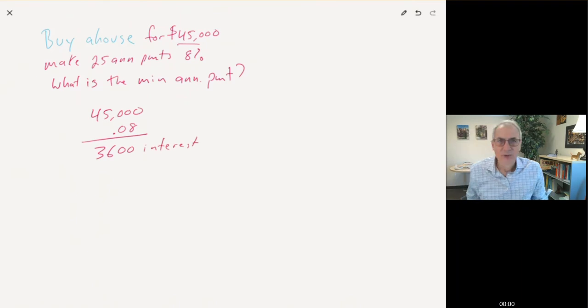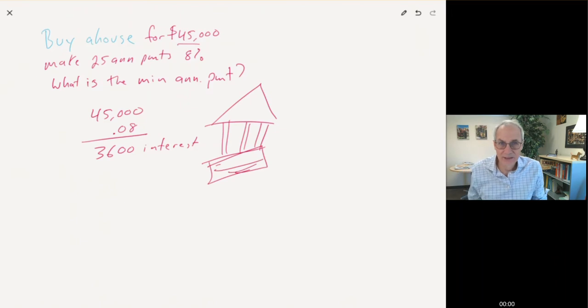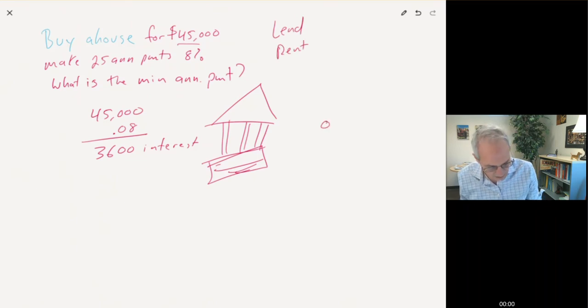Okay? So think about the business that a bank is in. What business is a bank similar to? Well, what does a bank do? They lend money, or another word for lending money is rent. So they rent money. So imagine when you rent a car.